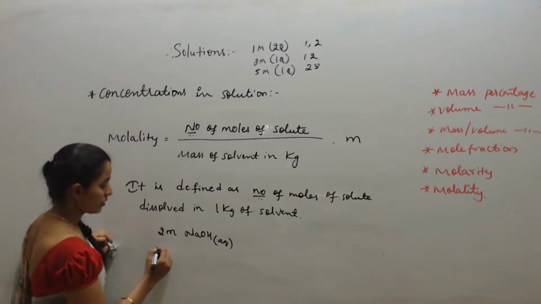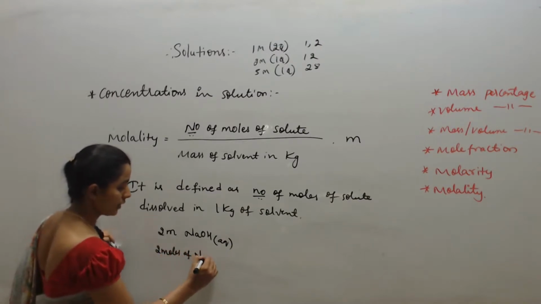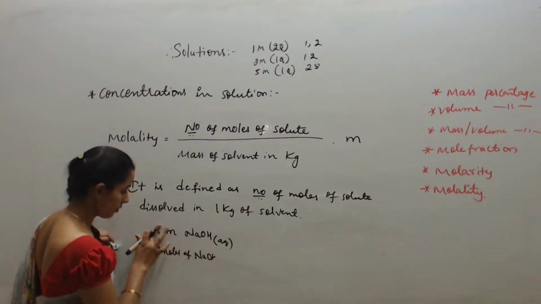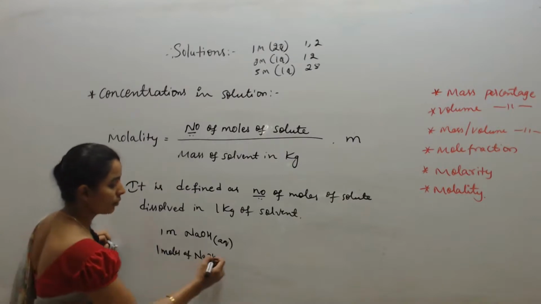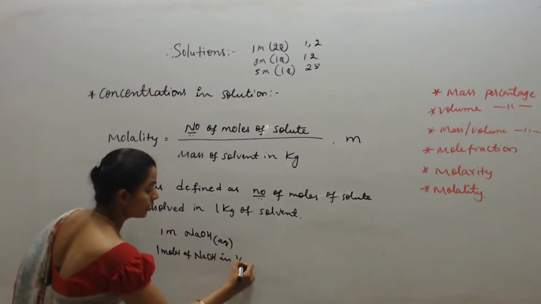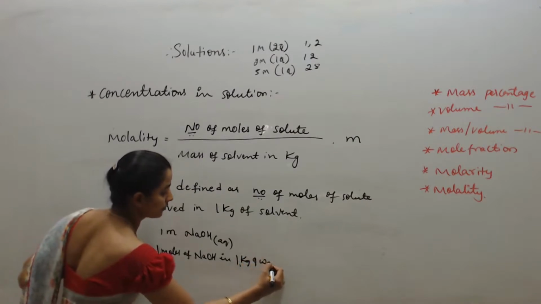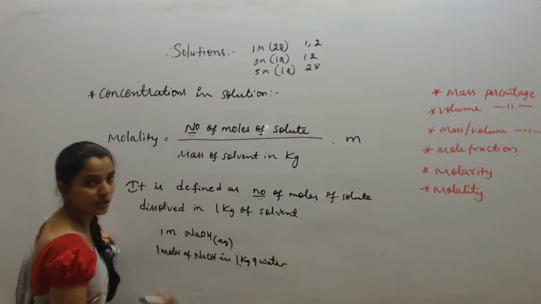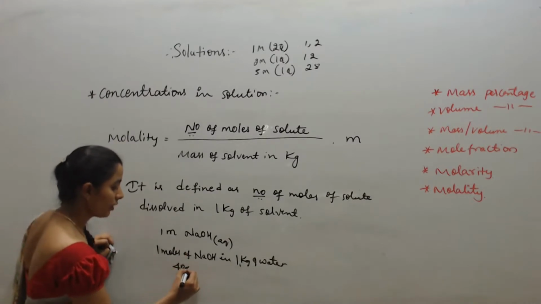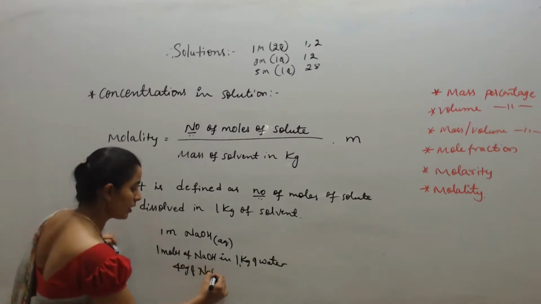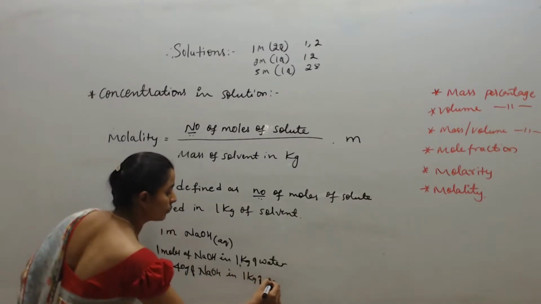So 1 mole of NaOH in 1 kg of water. So 1 mole means 40 gram. 40 gram of NaOH in 1 kg of water.